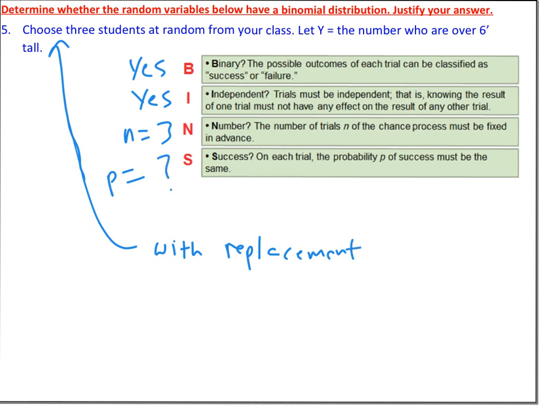But even as it is, just from this description, I guess it could be a binomial, but this whole probability of success, I need that to not change from one selection to another, and I don't know what it is. So for the time being, with this kind of issue of getting a value for P, I'm just going to say no to that one. We would need a little bit more of the specifics before we could say that that's a binomial.